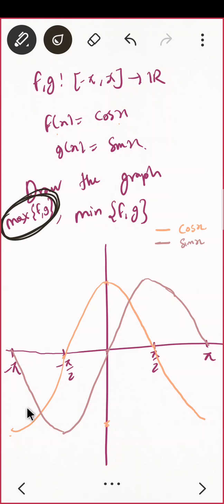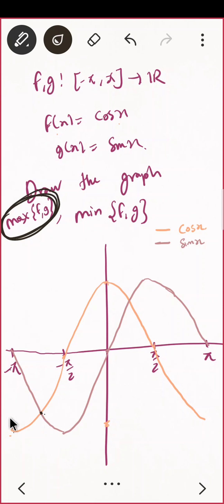See, there is an intersection point here. So look at this. From minus pi to this intersection point, what is the maximum value of functions f and g? Whether the sine graph is maximum or the cos graph is maximum, in this interval, from here to here only I am talking about. Since there is an intersection point, I am stopping here.